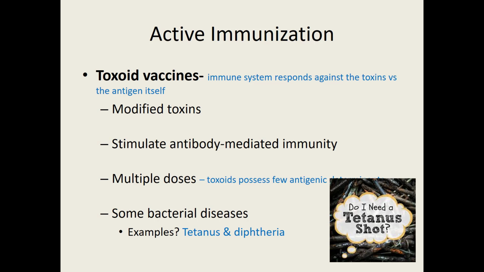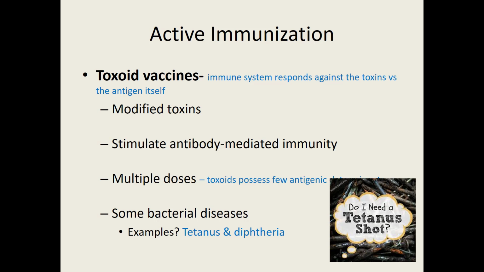So let's mount an immune response so that if your immune system recognizes these toxins that a bacteria may make, we can neutralize them, get rid of them, and we're good. So we modify the toxin so you're not given an actual toxin. We change it so that your immune system recognizes it without actually being harmed. And it's going to stimulate that antibody-mediated immunity, the making of antibodies against these toxins.